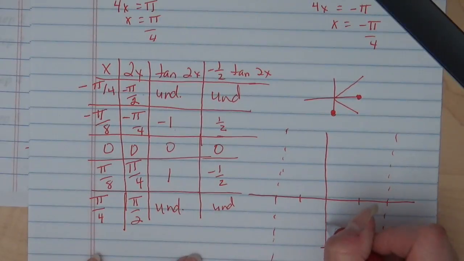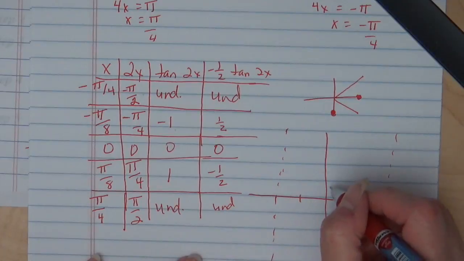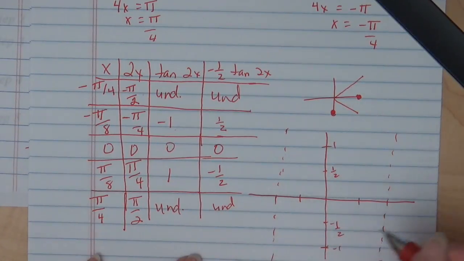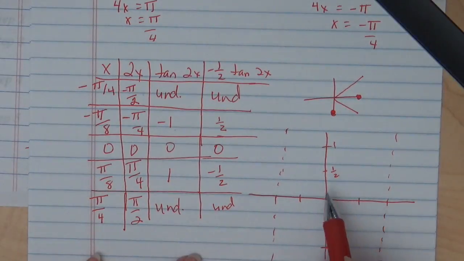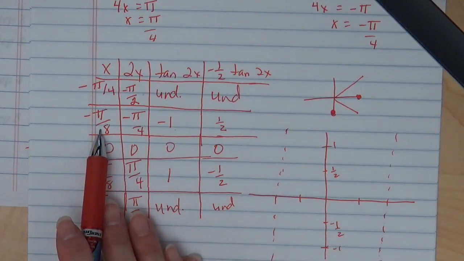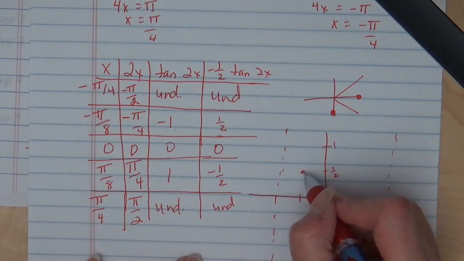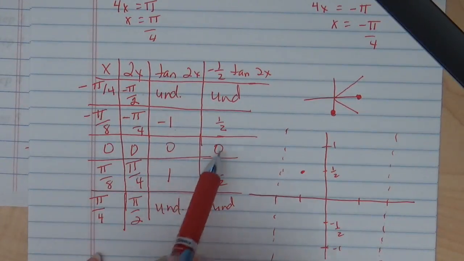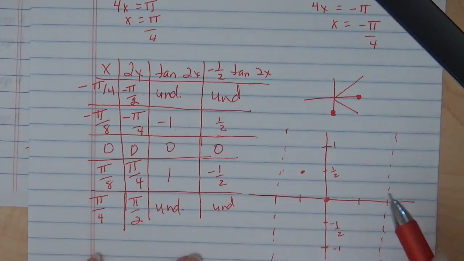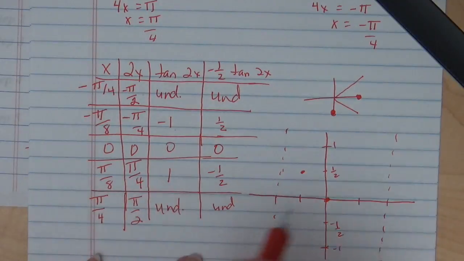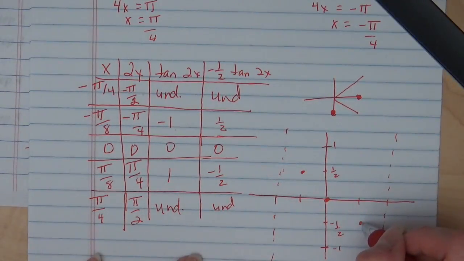I'll call this my 1. This can be negative 1/2 here. So, negative pi over 8 on x, 1/2 on y would put me here. 0 on x, 0 on y puts me here. And positive pi over 8 on x, negative 1/2 on y puts me here.